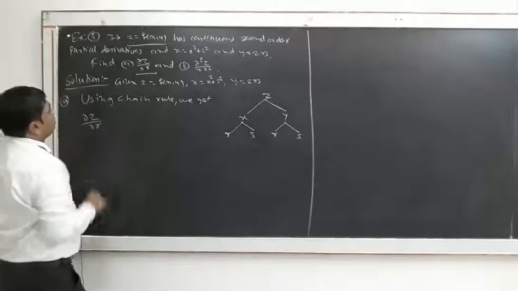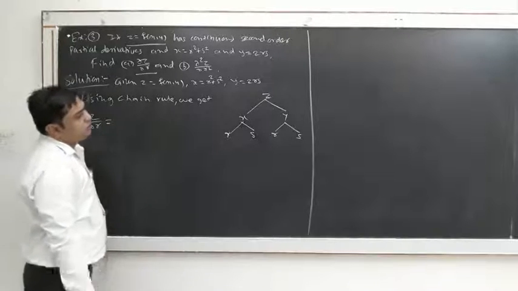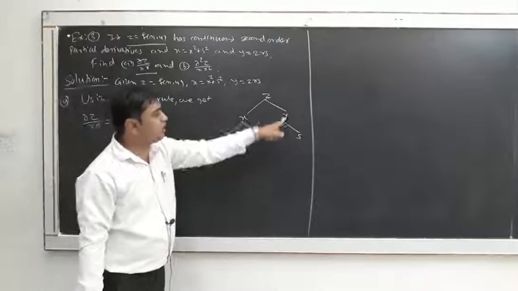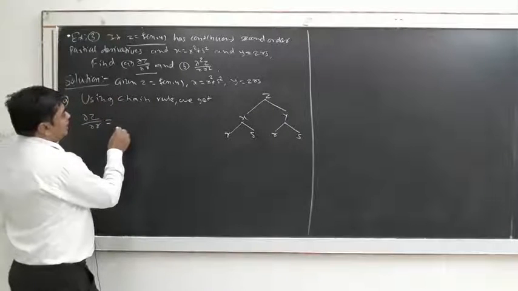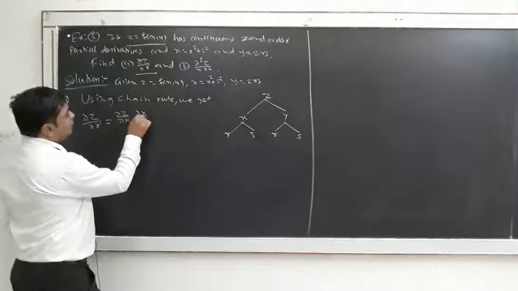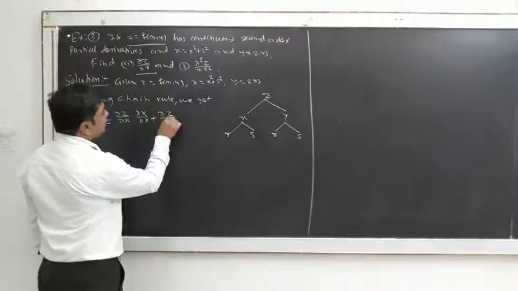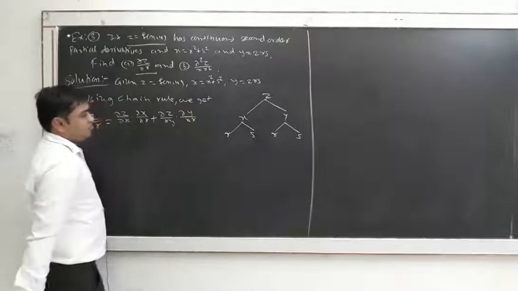First we have to solve the first problem, ∂z/∂r. What we can write? We have two parts: take the partial derivatives product and add them. So ∂z/∂x into ∂x/∂r plus ∂z/∂y into ∂y/∂r.